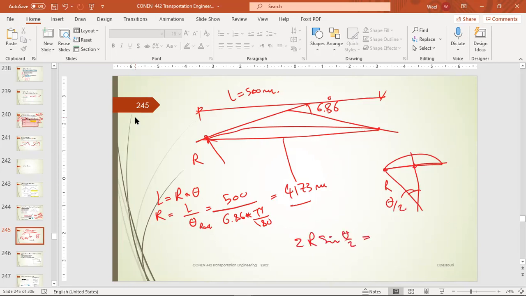Let's see how much this will be: 2 multiply 4,173 multiply sine of 6.86 divided by 2. So this chord length would be 499.41. You can see now that it's almost 500.